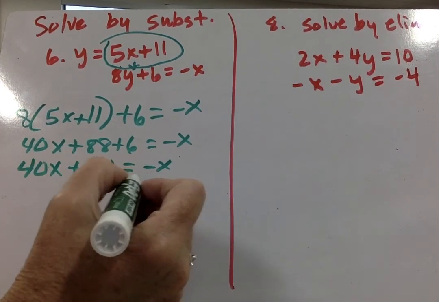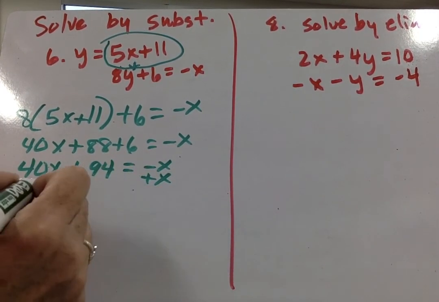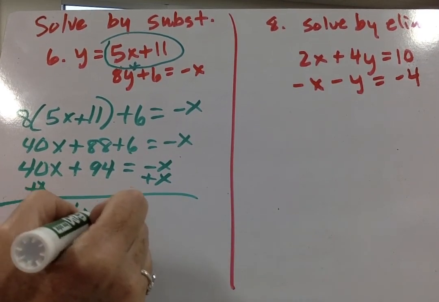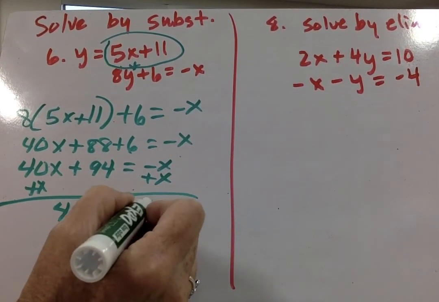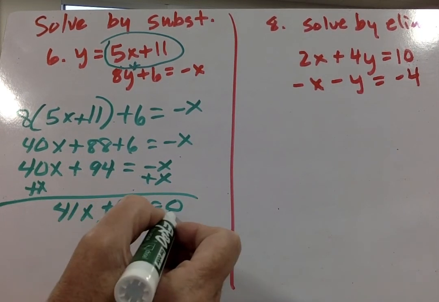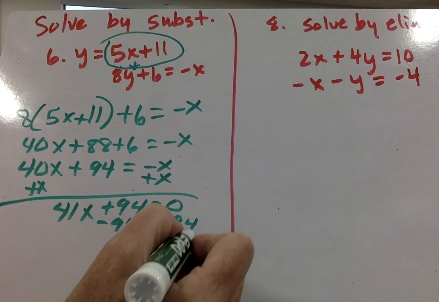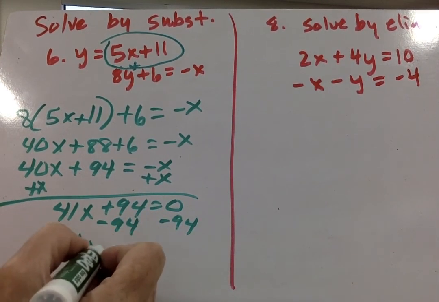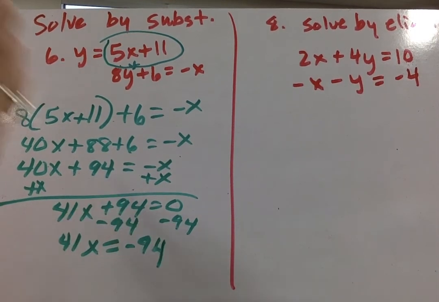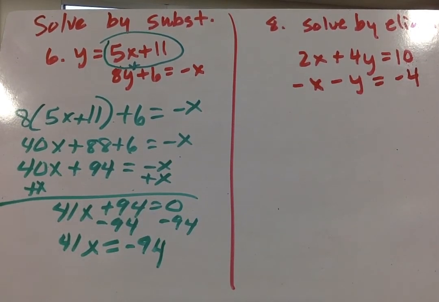I'm going to go add x here. Minus 94. 41x equals -94.